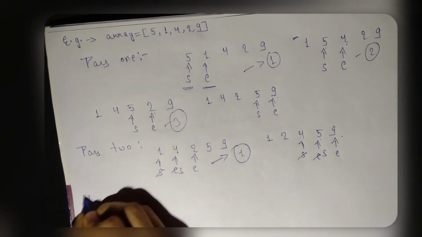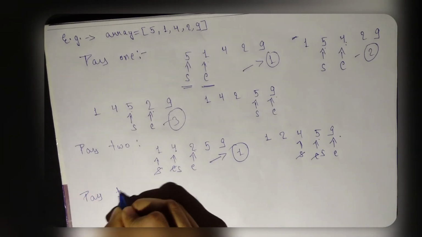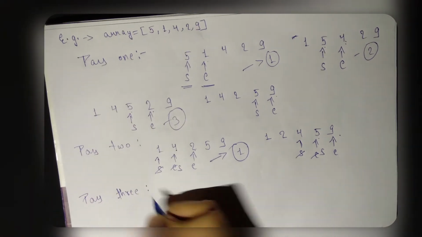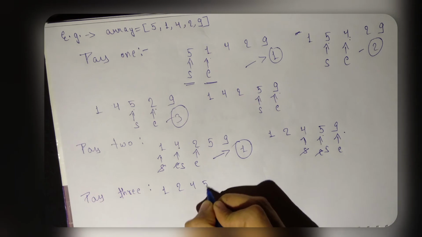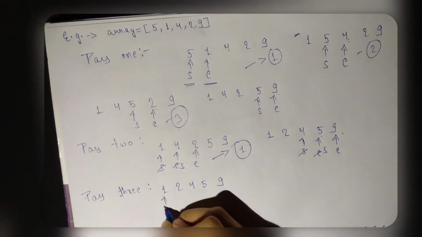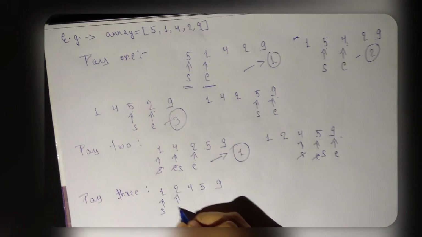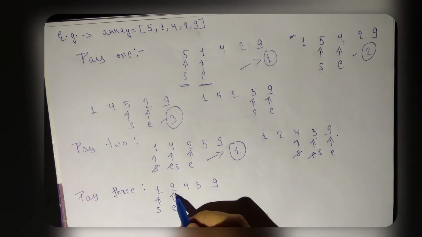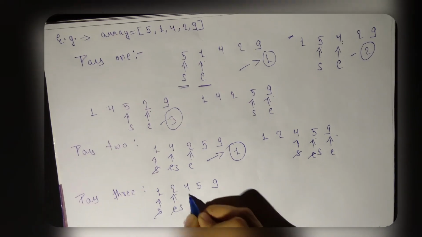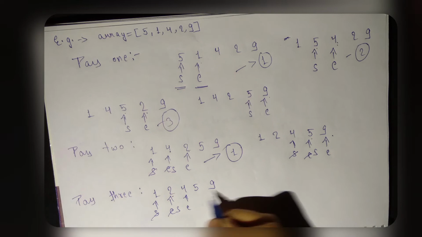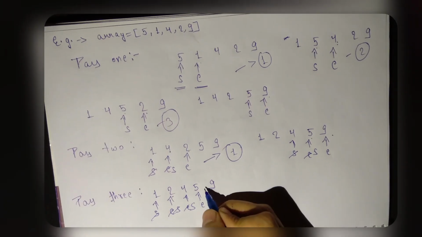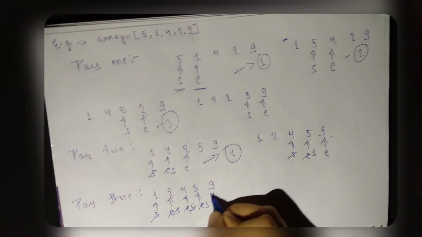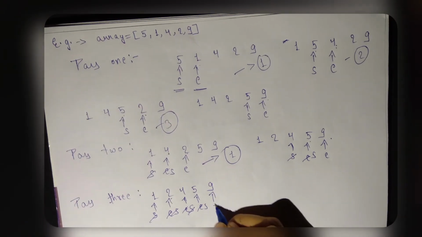Now coming to our pass 3. Again starting from the very beginning. So here 1 is less than 2, 2 is less than 4, 4 is less than 5, and also 5 is less than 9.